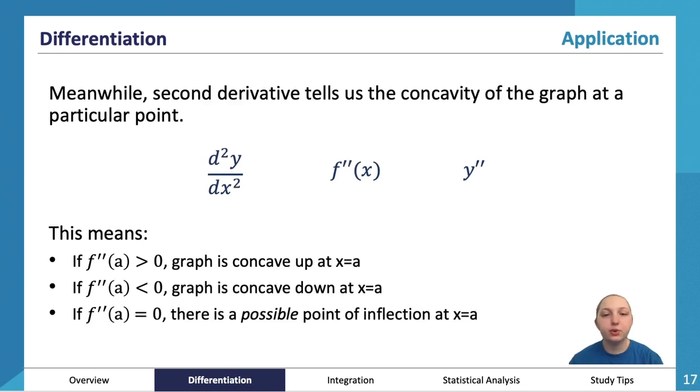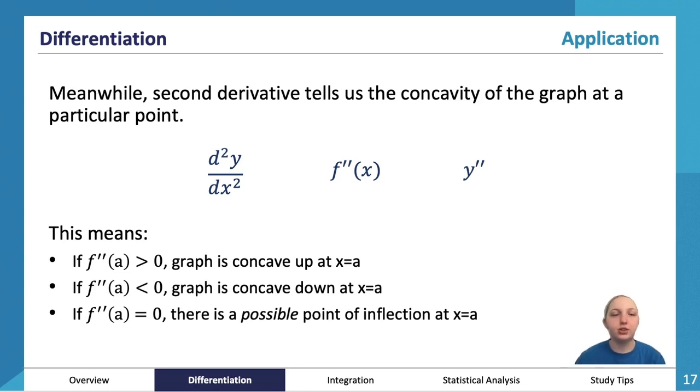And so then we've also got to think about the second derivative. Your second derivative is not going to be about the gradient, it's going to be about concavity. For some of you, this may be the first time you're seeing the second derivative. Essentially, you get the second derivative literally by differentiating twice.